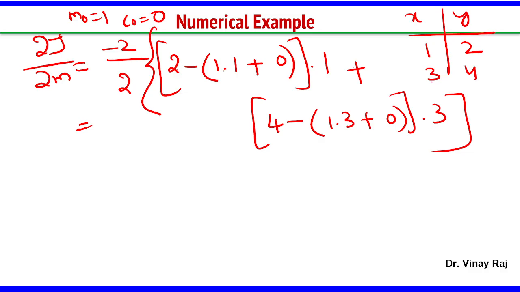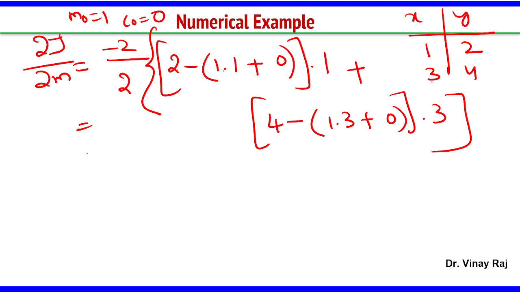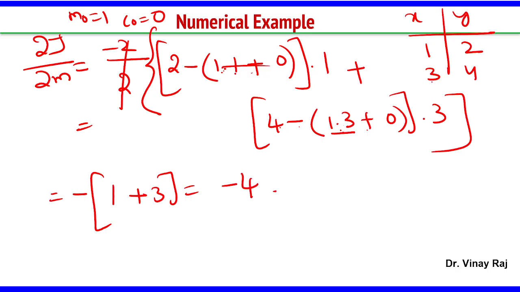Because in the derivative I got it as xi, right? So just calculate this. This 2 and 2 goes away. So this is minus of, you calculate this, 1 into 1 plus 0, 2 minus 1 is 1, again 1 into 1. So 1 plus, from here, 4 minus 3 is 1, into 3 is 3. So it is minus 4.